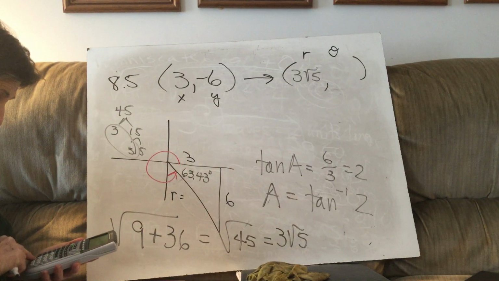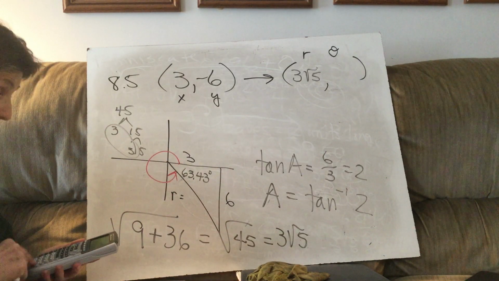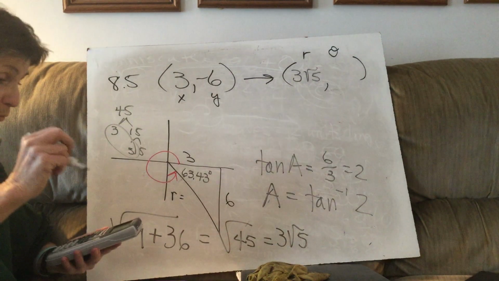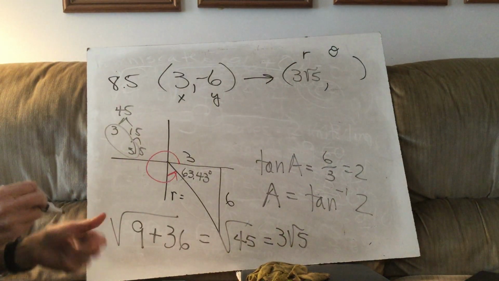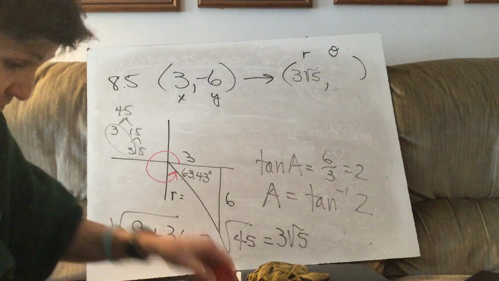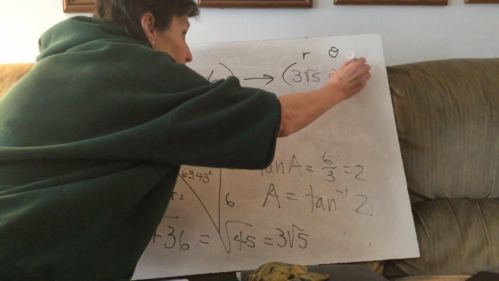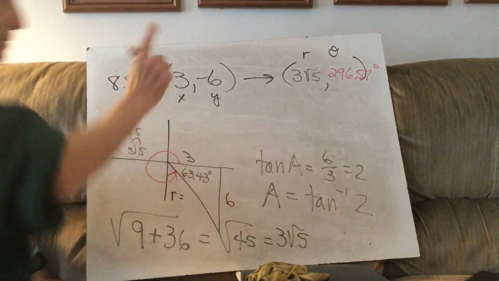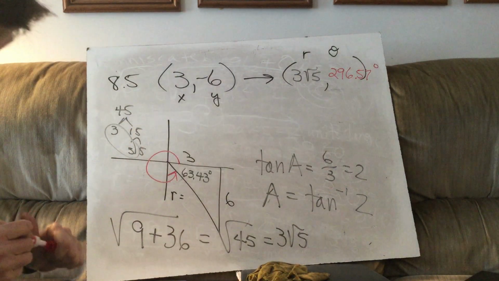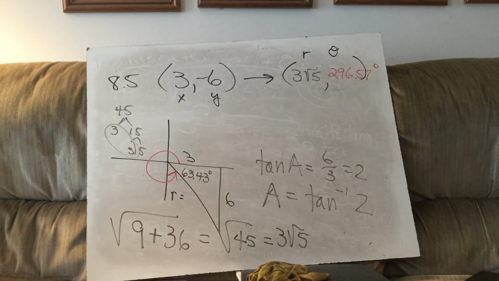So we'll just do 360 minus 63.43, and our big red angle is 296.57. And those are the polar coordinates for the ordered pair 3, -6. Remember, polar coordinates, you're just finding r and theta.